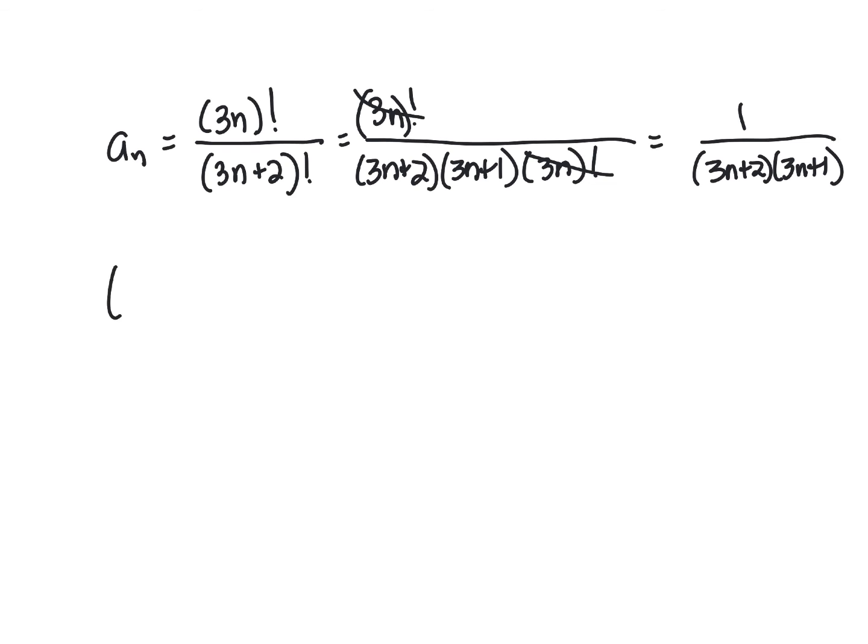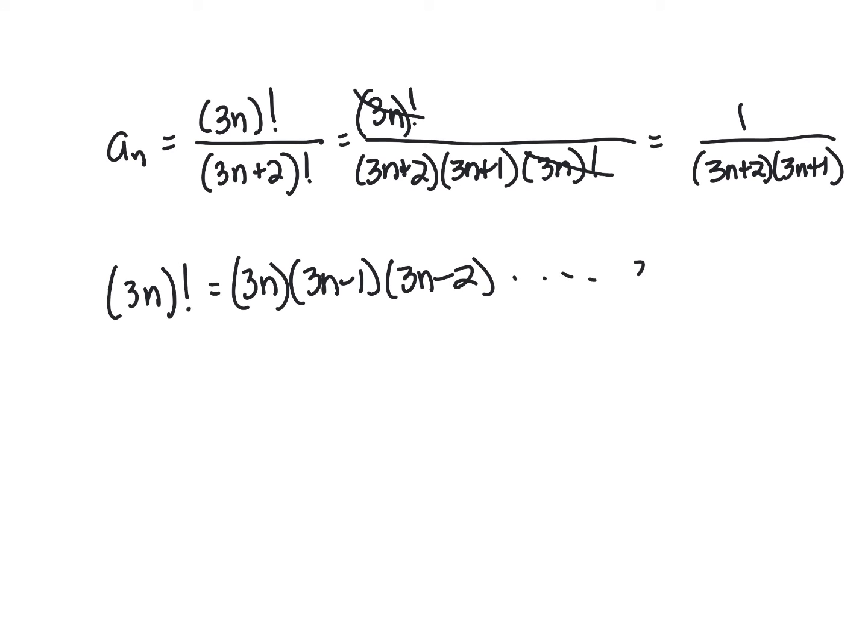Notice what the factorial symbol is touching. If it's touching the parentheses, then it's 3n times 3n minus 1 times 3n minus 2 all the way down to 3, 2, 1. However, if I just have 3n factorial with no parentheses, the factorial symbol is only touching the n.